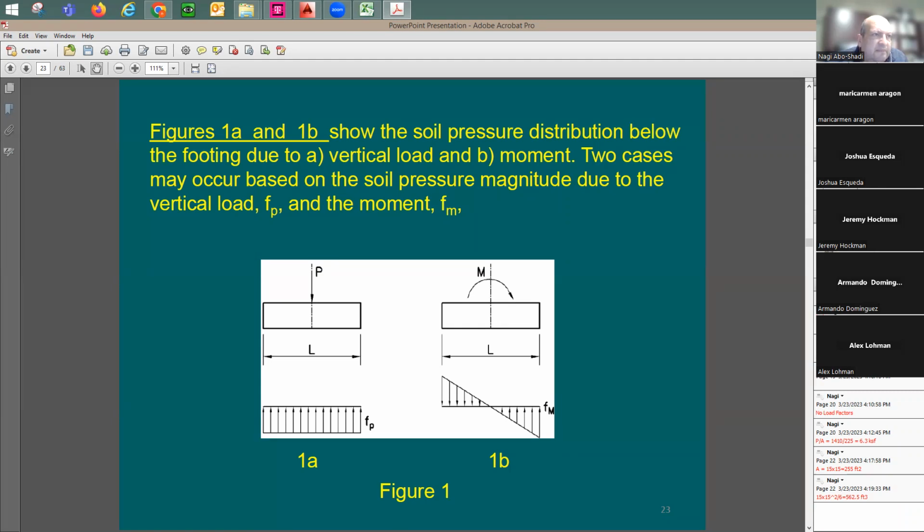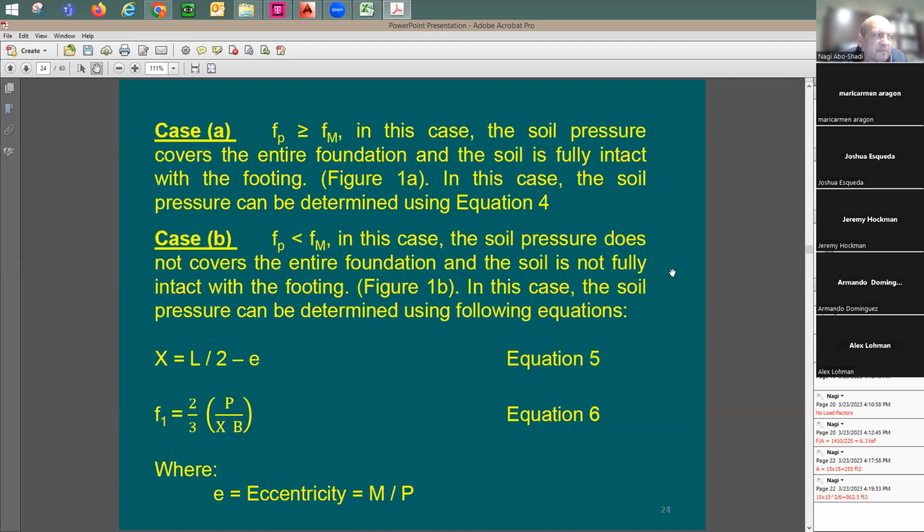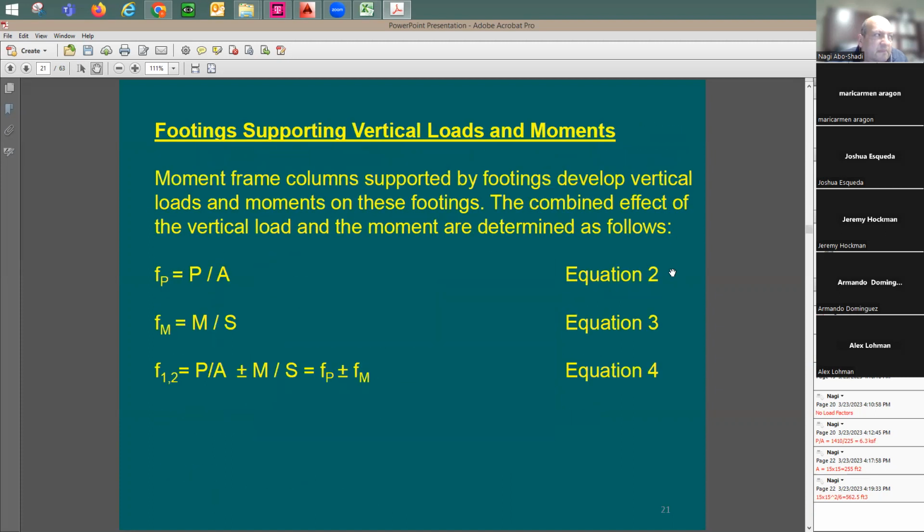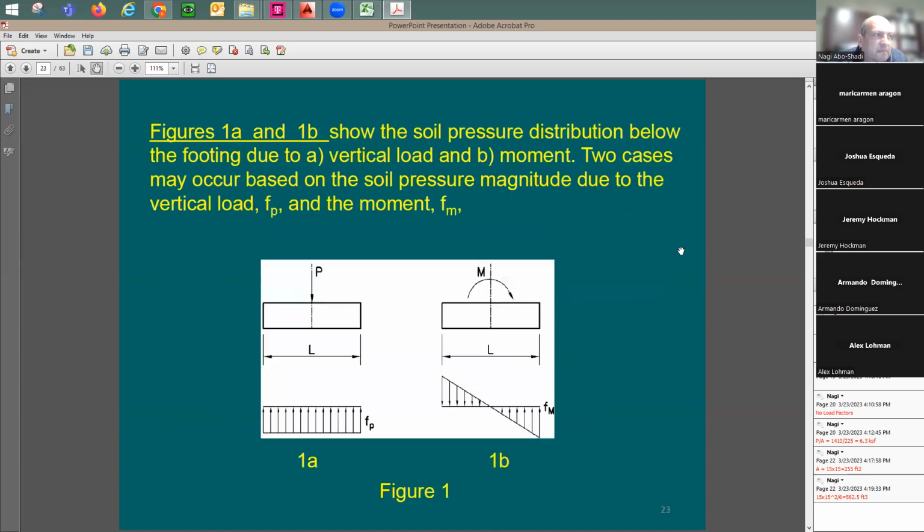I'm going to call this point 0.1, and this is going to be 0.2. I'm going to throw in some numbers.